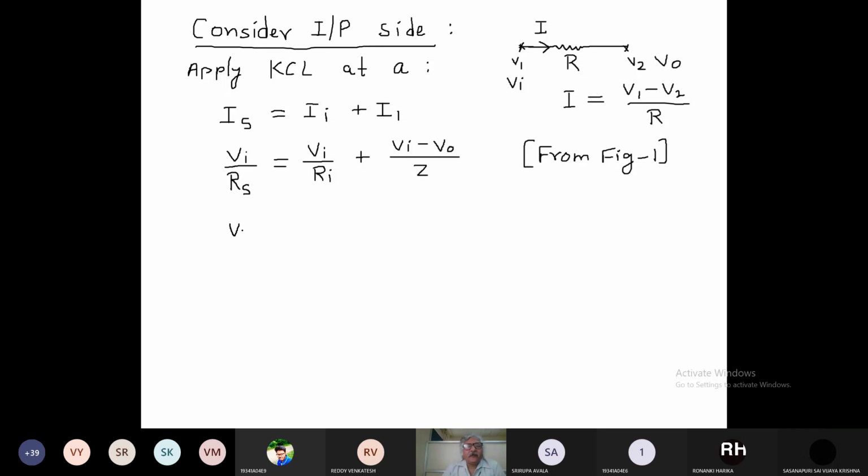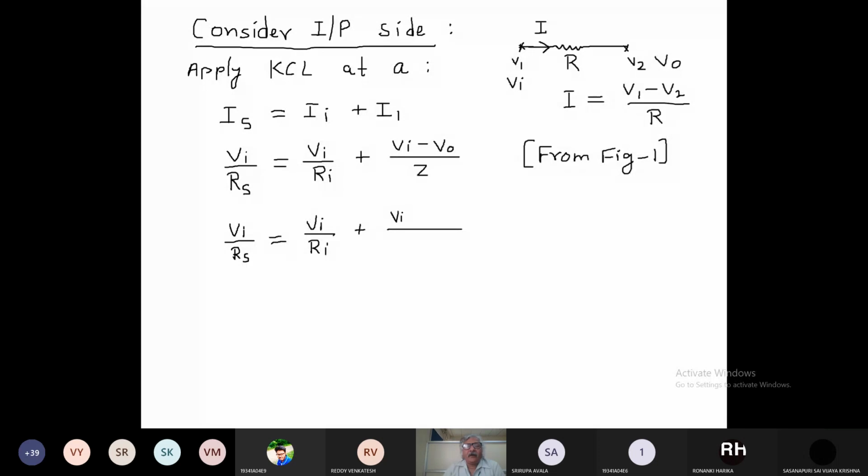Now I will keep the left-hand side the same. I will not change it. Rs is equal to Vi by Ri plus, and in the second expression, in the numerator, I will take Vi common.